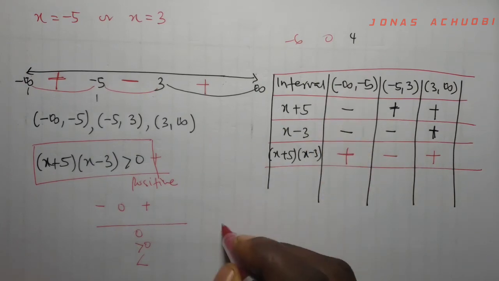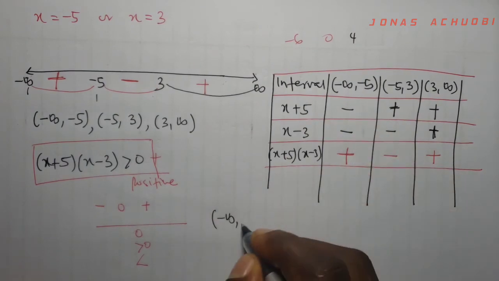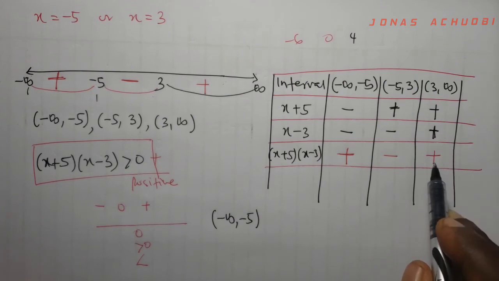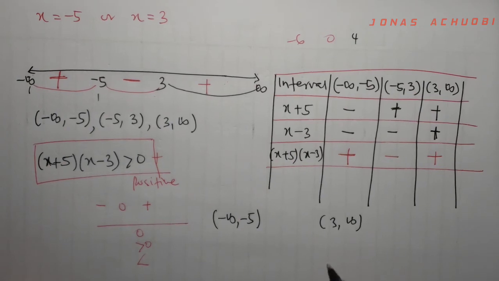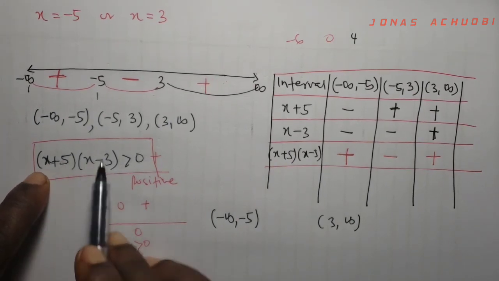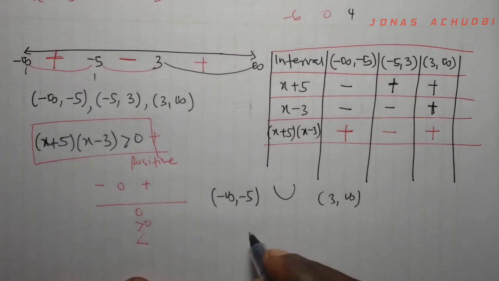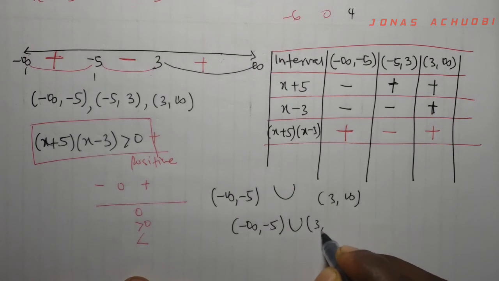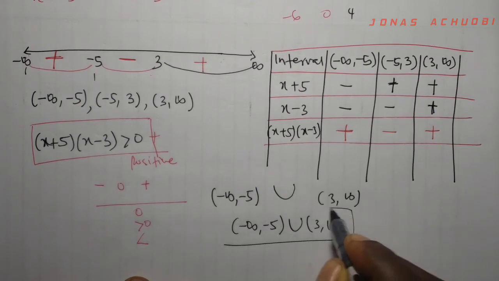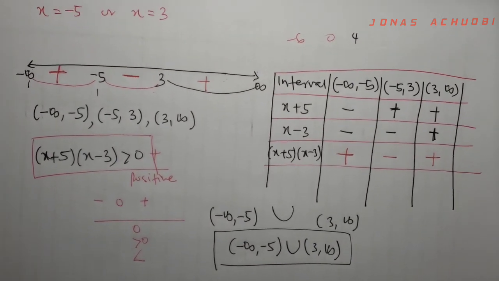So here the interval is negative infinity to minus 5. It is also positive on the interval 3 to infinity. So the inequality is positive on 2 intervals, and we bring them together with the union sign. So the inequality is positive on the interval minus infinity to minus 5, union 3 to infinity. And what you have here now becomes the solution set of the given quadratic inequality.